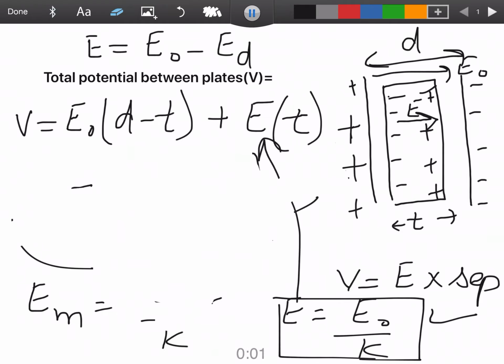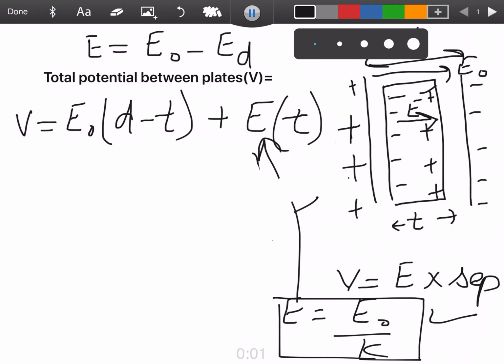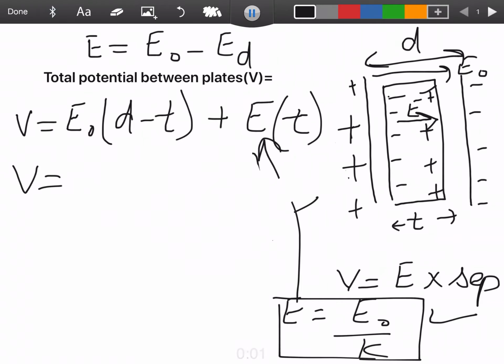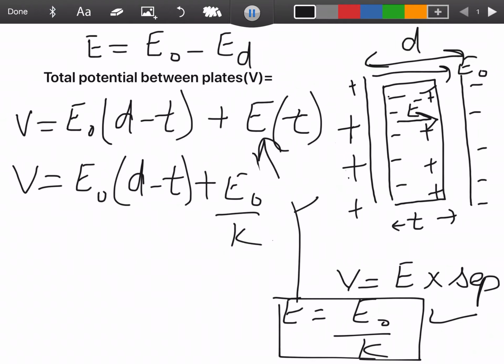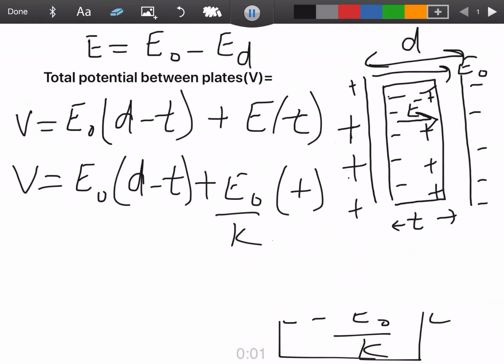So we will be writing the above expression as V is equal to E naught times D minus T plus, instead of E we will be writing E naught by K, where K is dielectric constant, into T. So this is what we will get.